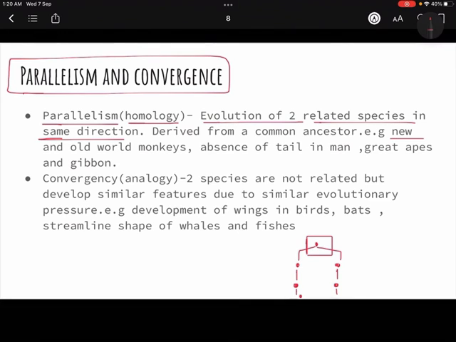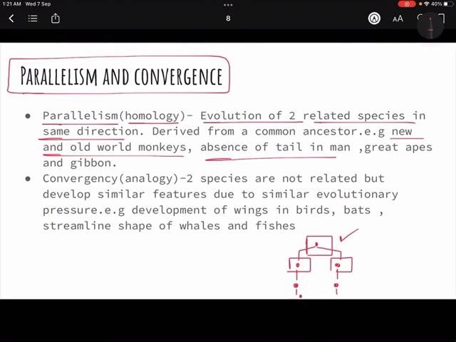For example, new and old world monkeys. Next chapter is all about old world and new world monkeys. So basically, once they had the same ancestor, and even though now they are different species, similar characters are still there in these species.